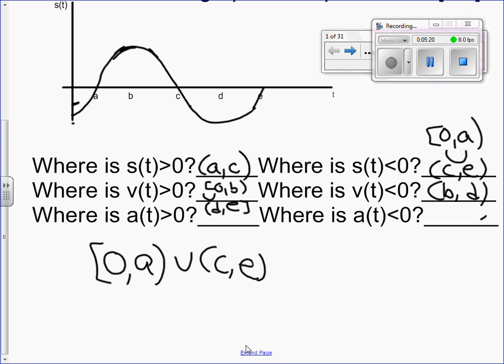All right, so where is acceleration negative? A to C, where the graph of the position is concave down. That one I can fit. So from A to C. Why 0 to D? Because this is smiling right here. It's concave up.